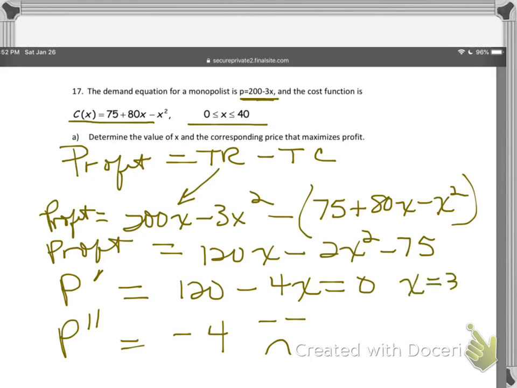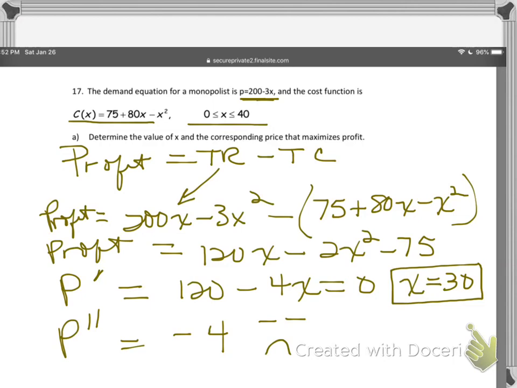Now, this is the situation where you have to make sure you're answering the question. The question is not just what is x. It also says find the corresponding price that maximizes profit. So go back up to the top and it says price, and this P is price, equals 200 minus 3x.